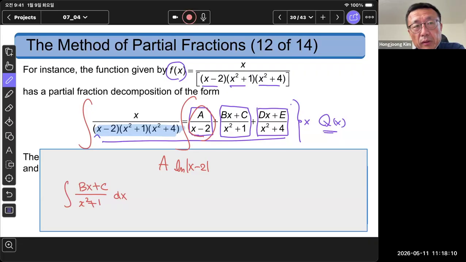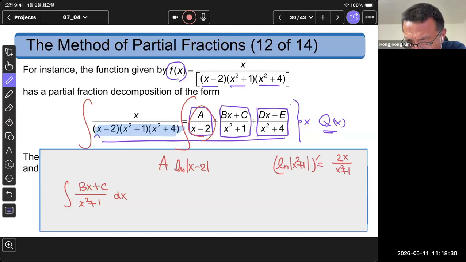Well, if I consider the ln of x squared plus 1 function, when I differentiate this, what do I get? You get 2x over x squared plus 1, right?